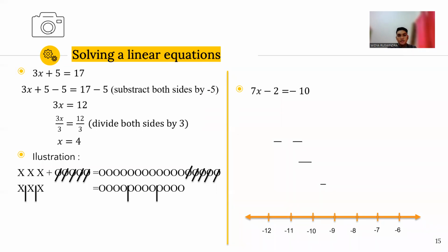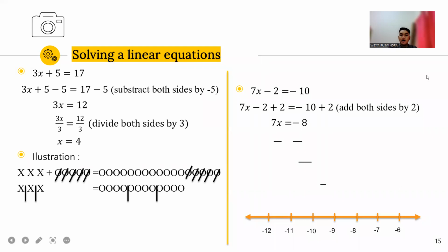Another example is 7x minus 2 equals minus 10. Next step is to add 2 to both sides, and we get 7x equals minus 8. I will explain how minus 10 plus 2 is equal to minus 8.